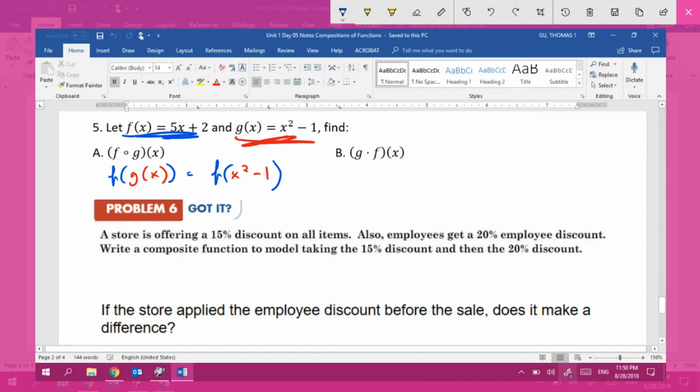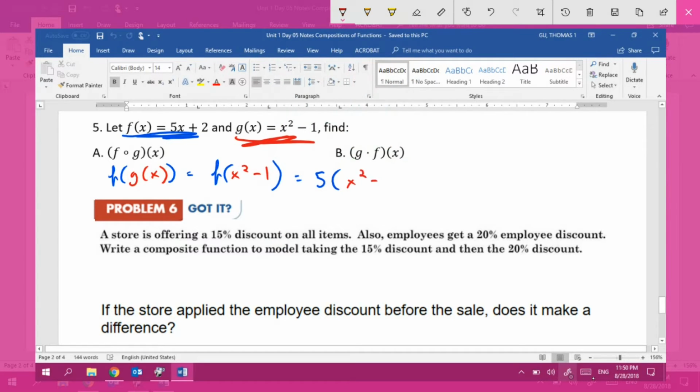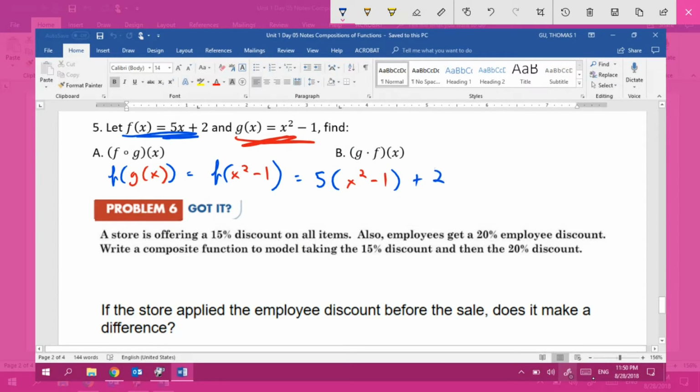So this is going to end up being 5 times x squared minus 1 plus 2. So let's distribute. What's 5 times x squared? That's going to be 5x squared. What is 5 times negative 1? That's negative 5. And then we cannot forget the plus 2 at the very end.